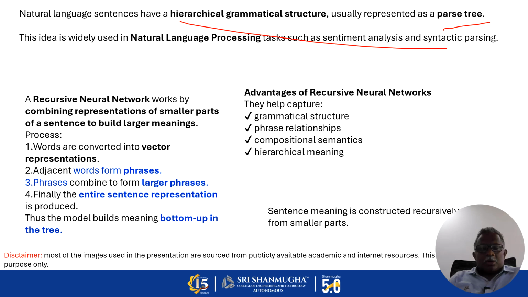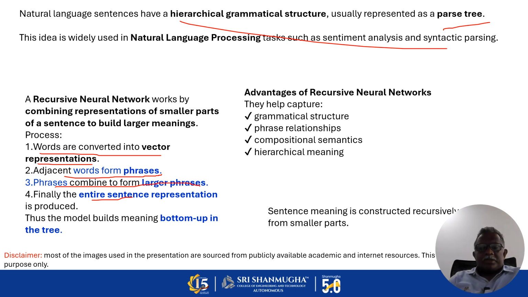How it works is that we have word embeddings, and words are converted into vector representations. For example, if I say Tamil Nadu or Germany or India, each will have some representation, and adjacent words form phrases. These phrases combine into larger phrases and finally we end up with sentences. That's why it is called a bottom-up approach.